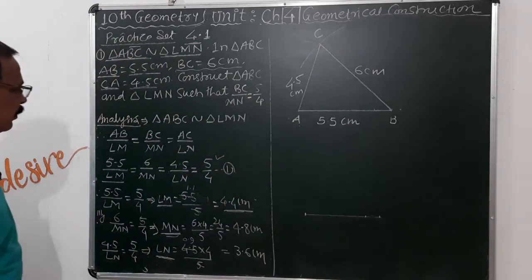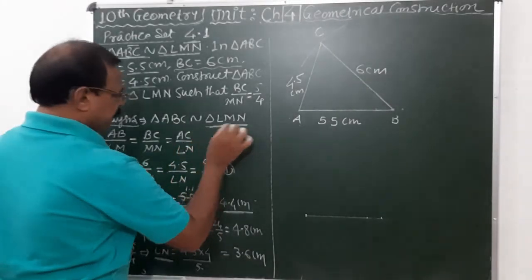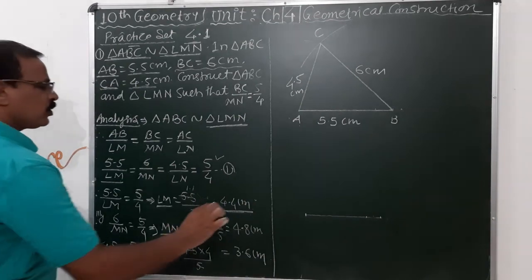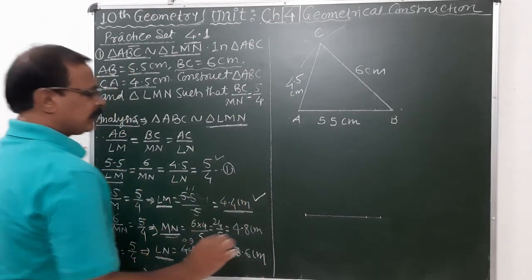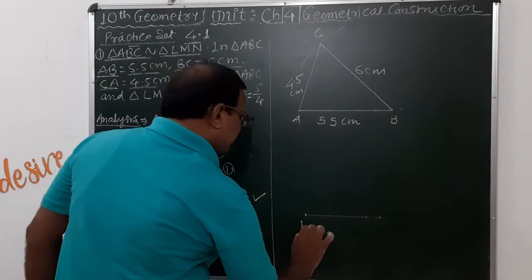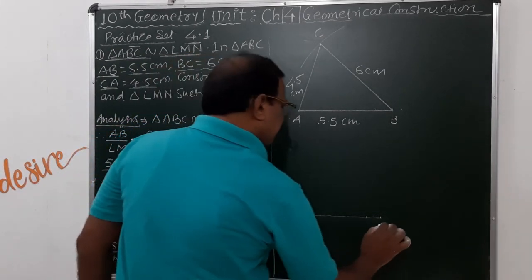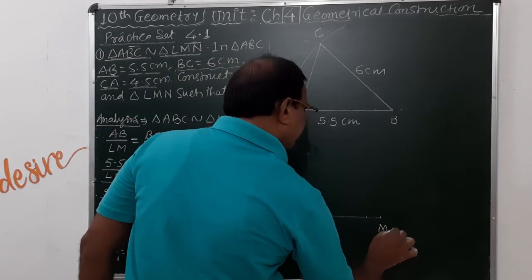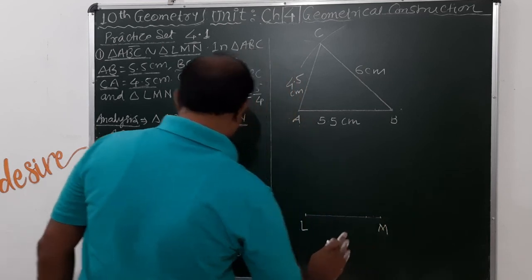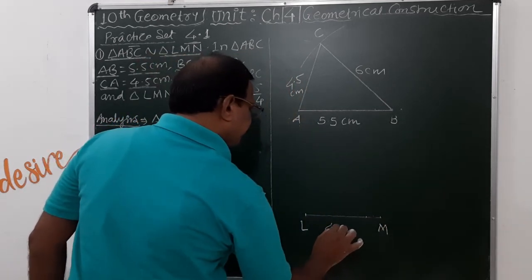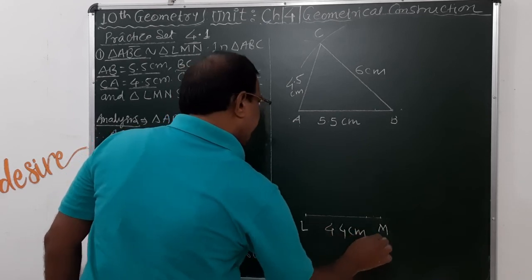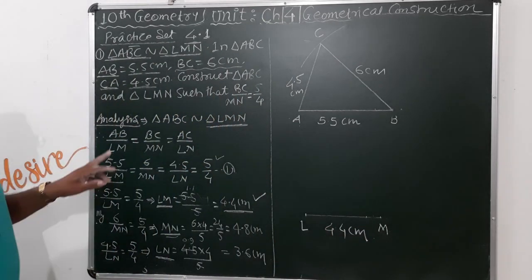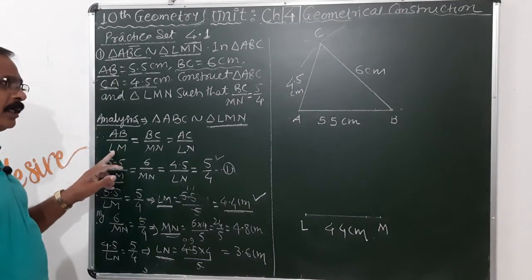Now we have to draw the similar triangle LMN. So we choose the first side LM is equal to 4.4 centimeter. So here I draw a line, this is LM, that is 4.4 centimeter, because AB is proportional with LM.